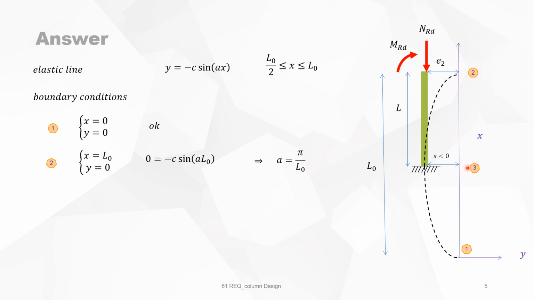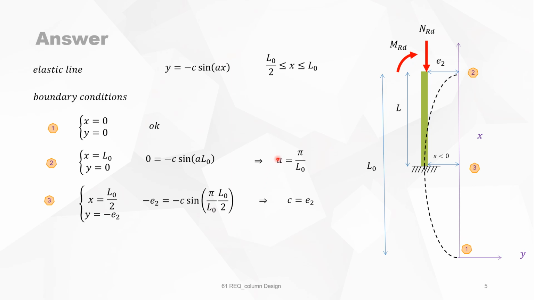And point 3 is where y is minus e2, and x is from there to there, L0 over 2. We substitute it in the equation, and we find that C must be equal to e2, because this is the sine of 90 degrees.